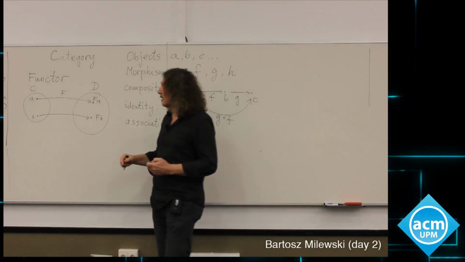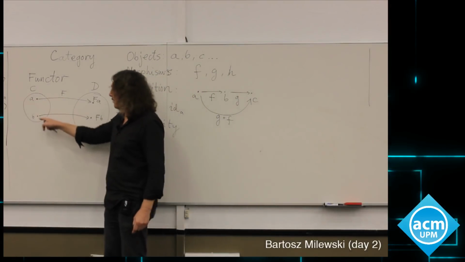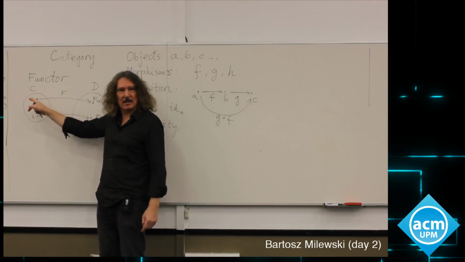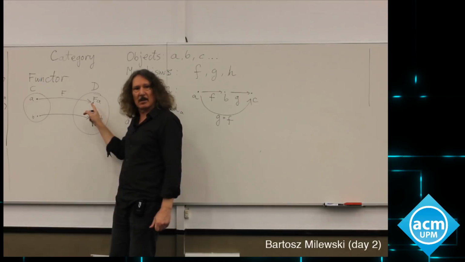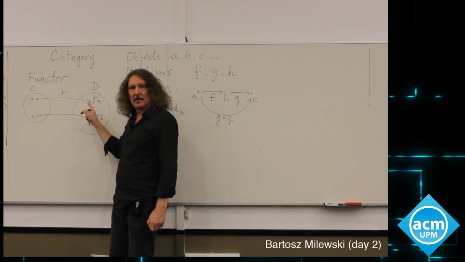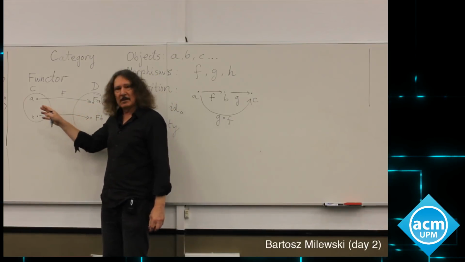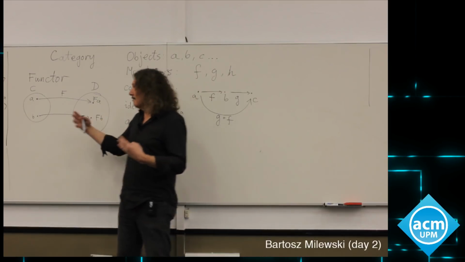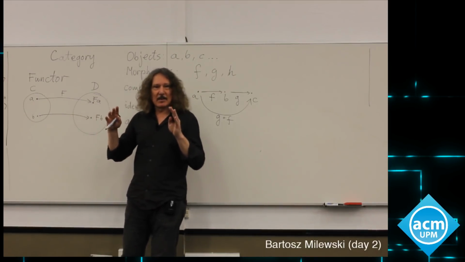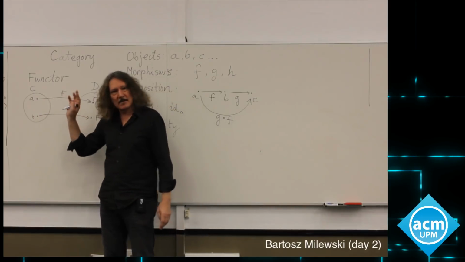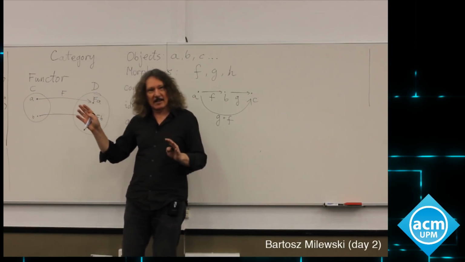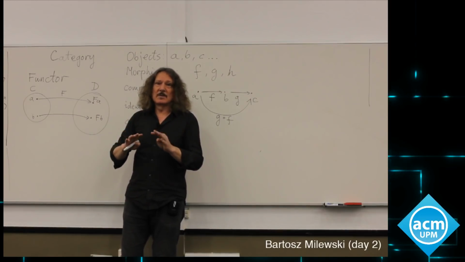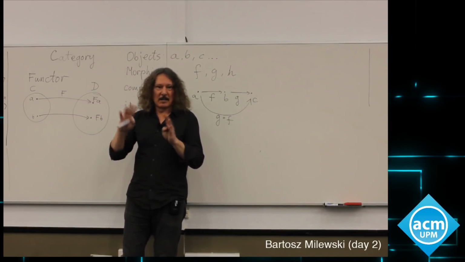In general, we would have to define this mapping for every object in C. There would be a corresponding object in D, right? Now we want this to be sort of like a function between sets. Okay, so if the objects in C form a set, and I said before that we don't really want to say these are sets, we want to say collections and so on.